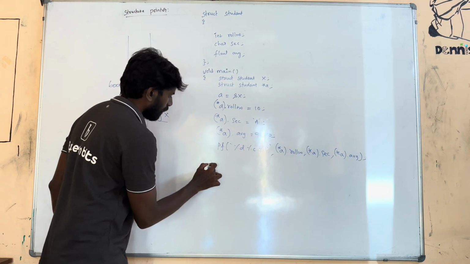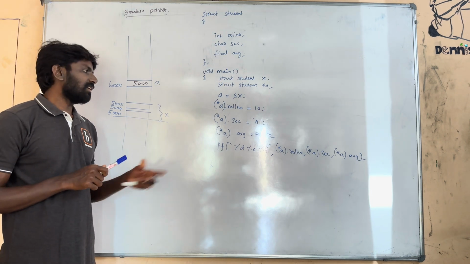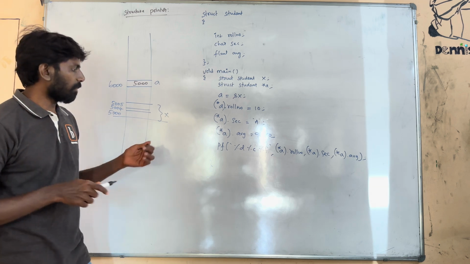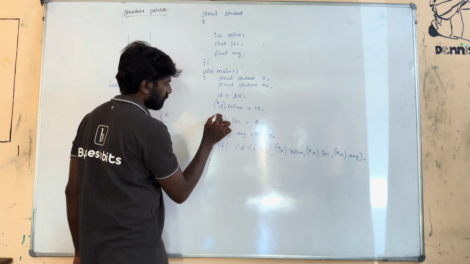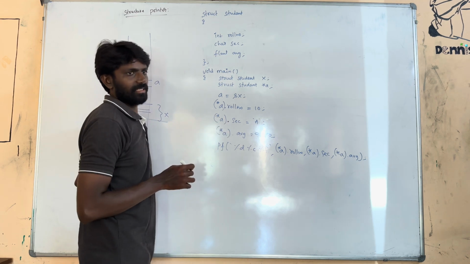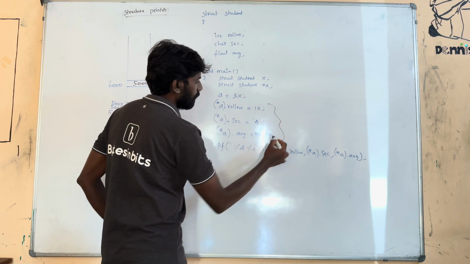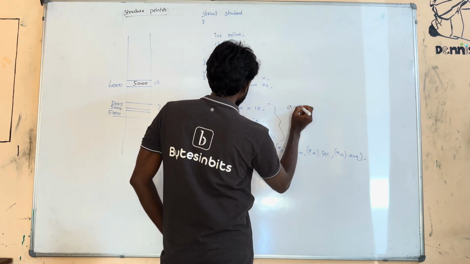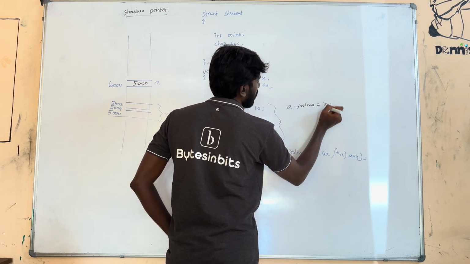But people felt it is a little odd, going too complex, because we have to use the dot operator, the star, and the brackets. So instead, you can use a arrow roll number is equal to 10.